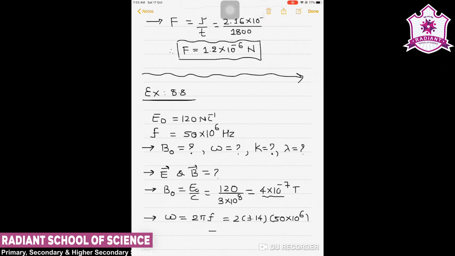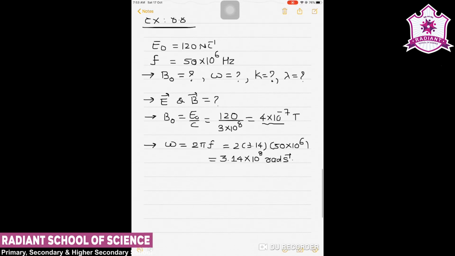So omega would be 3.14 into 10 raised to 8 radian per second. Now we also derive an equation that we can write.